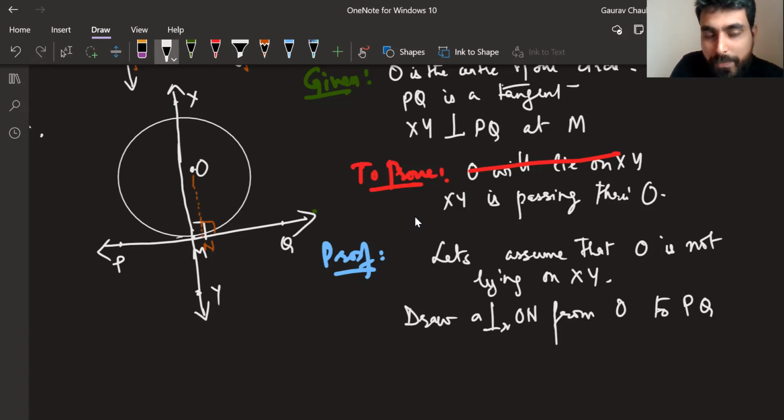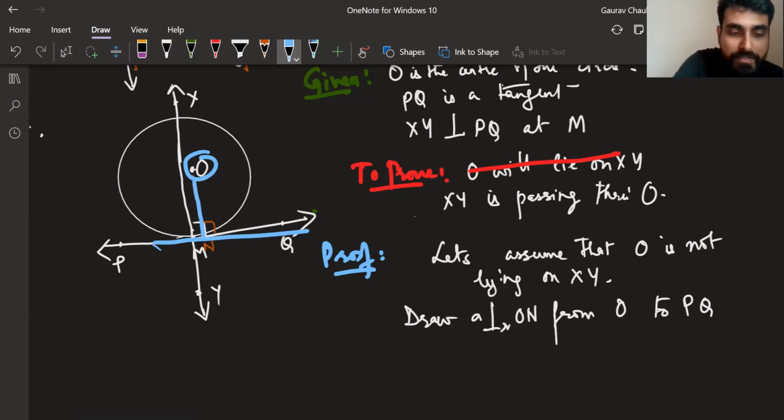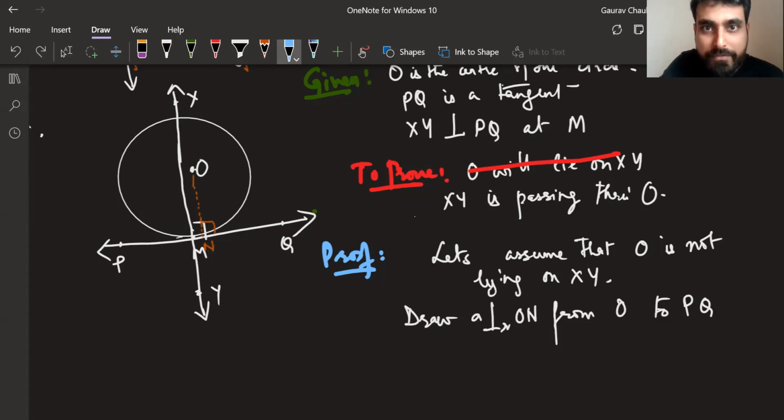When we are drawing a perpendicular from the center to the tangent, we know that it will be the radius, right? And it will be touching at the point of contact. We already know that, right?